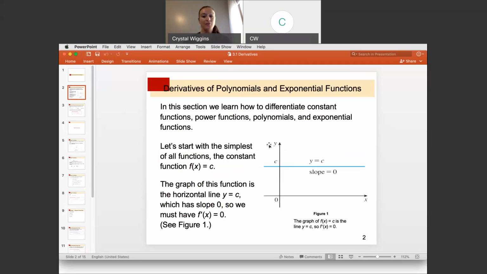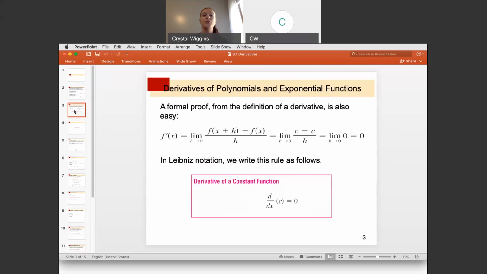So if we take a look at a constant function where y equals 5, for example, the slope of the line is 0, and therefore the derivative at any point in a constant function will always be 0. So a formal proof would be doing the limit definition. If you're asked to do a proof of any specific derivative theorem, then you are doing the limit definition.